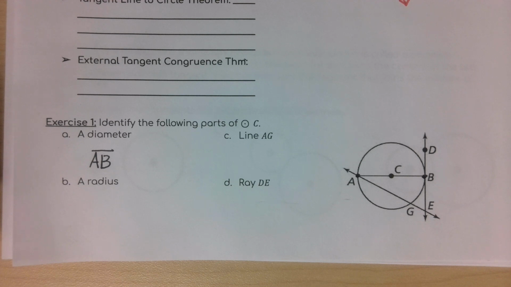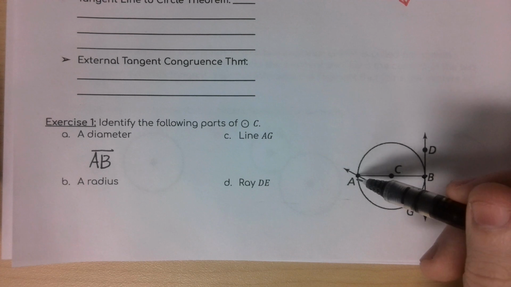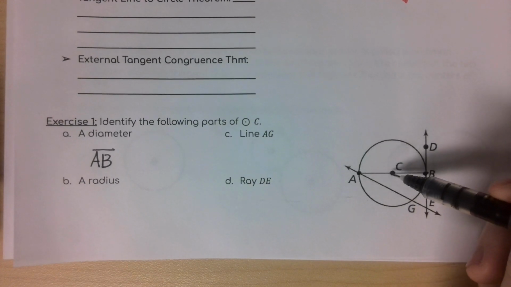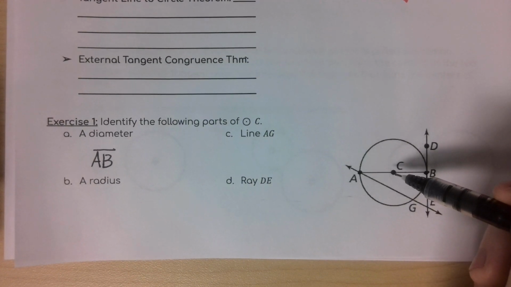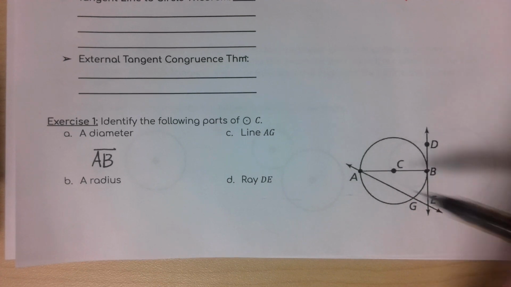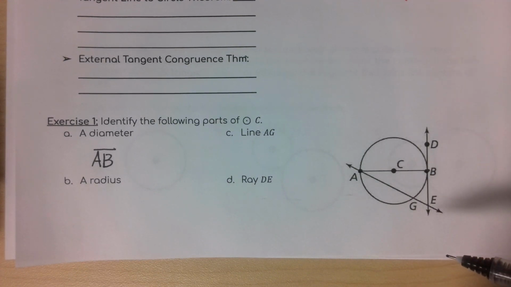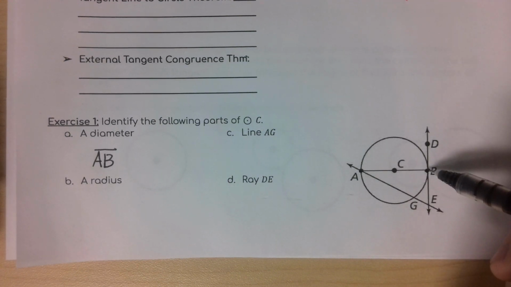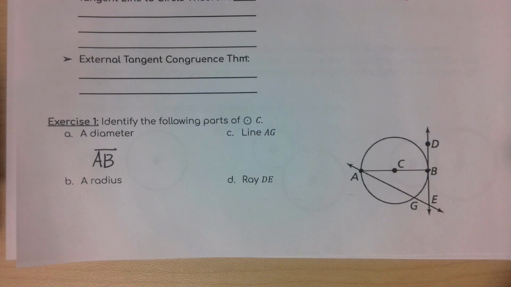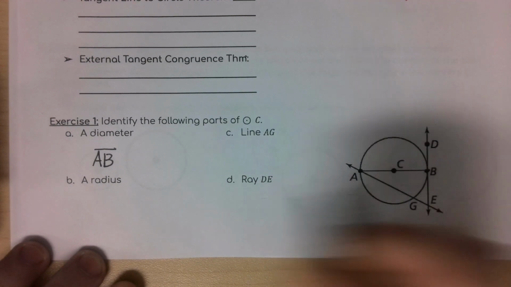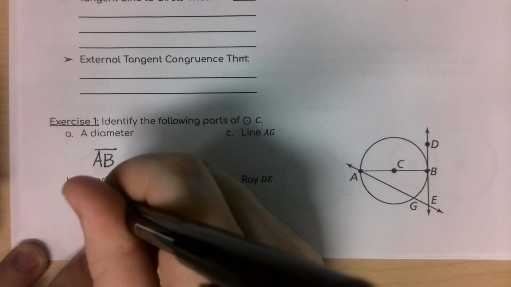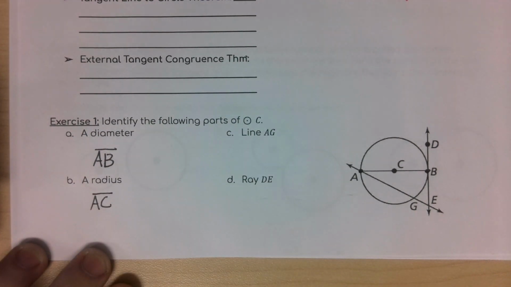What's a radius here? Well, the radius is any point on the circle that connects to the center of the circle as a line segment. A connects to C, so AC is a radius. BC is also a radius, so it doesn't matter which one we pick, they're both the same length. Our radius is AC.